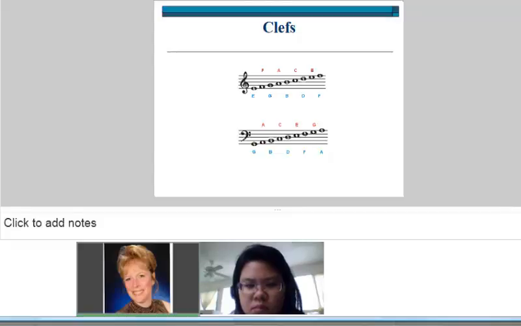So if you take that G, you have a space, which would be A, and then the line A is the top, and then above that is a space B. Then the middle would be a line, another space would be D, and then you get to E on the treble clef.